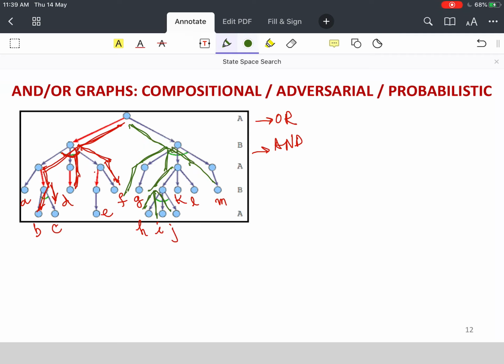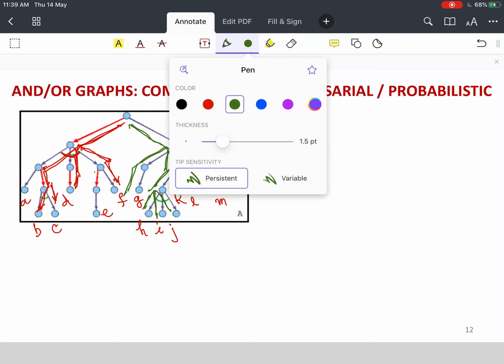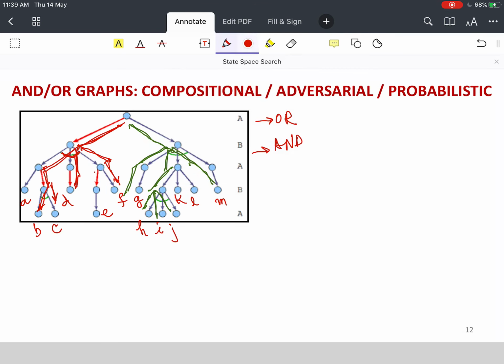So the solution to an AND OR graph is an AND subgraph. So for an AND OR graph, the solution is not a path but an AND subgraph which leads to terminal nodes.